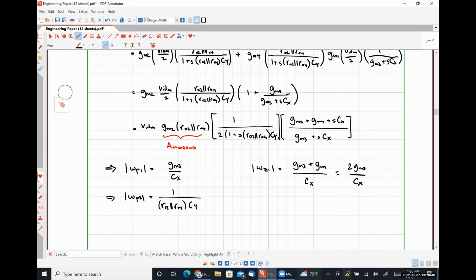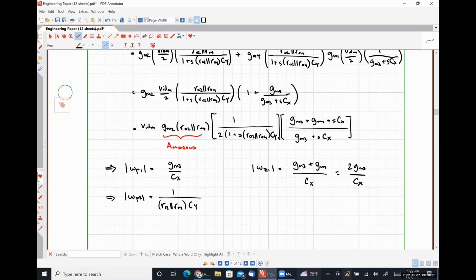So which of these guys do you expect to be the dominant pole or occur at the lower frequency? Which resistors should be bigger?